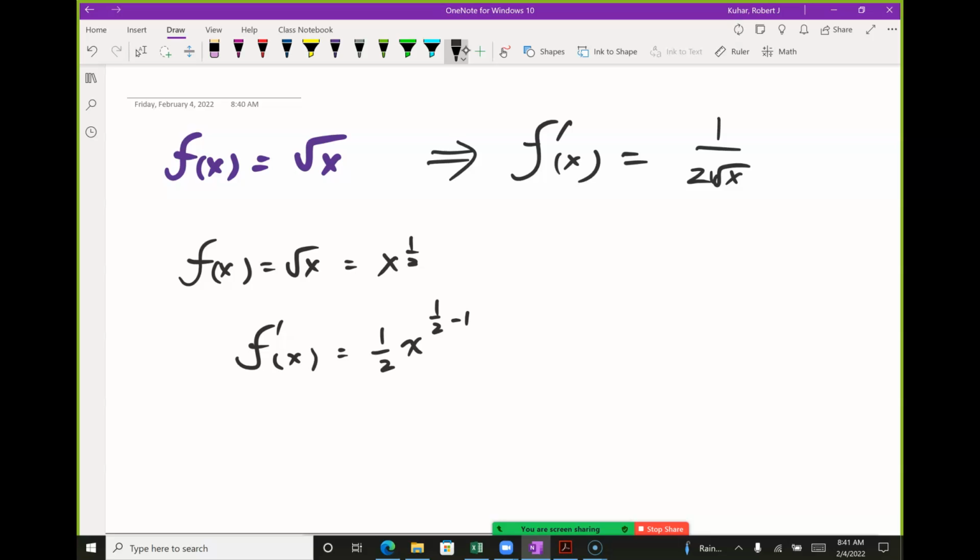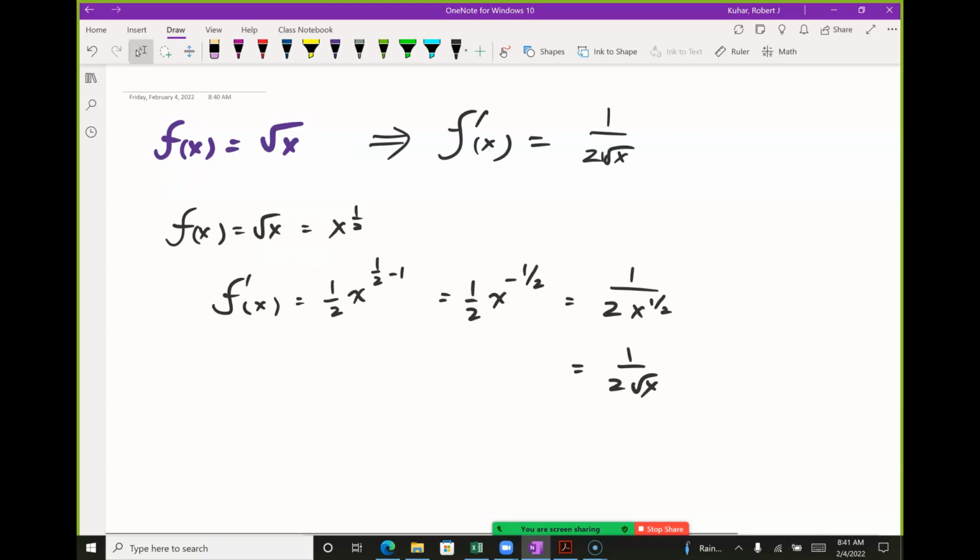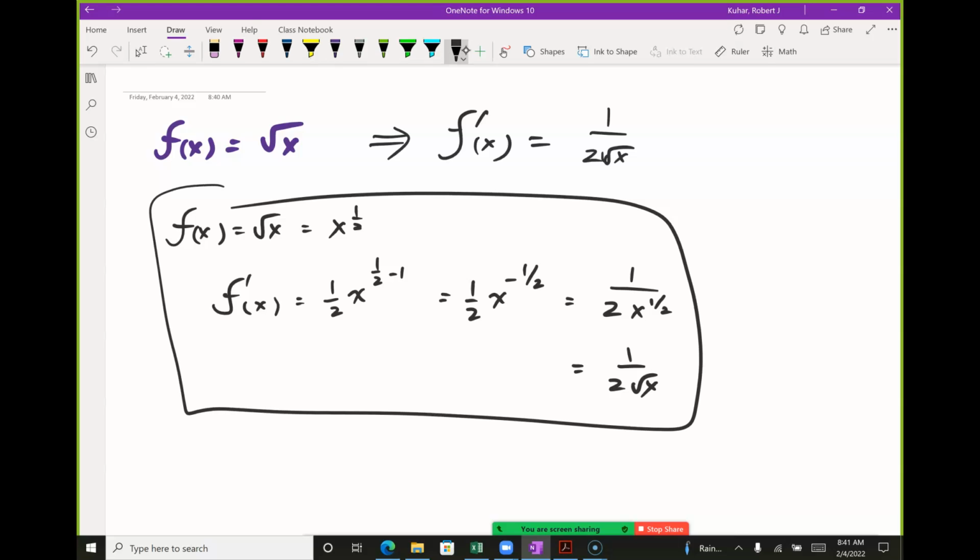Yes, you with me? So that's 1/2 times x to the minus 1/2. What's a negative exponent mean? It means reciprocal, and the half power is square root. Yeah, that's what I was getting at in my head. I just said it verbally. Yep. So there's my shortcut.